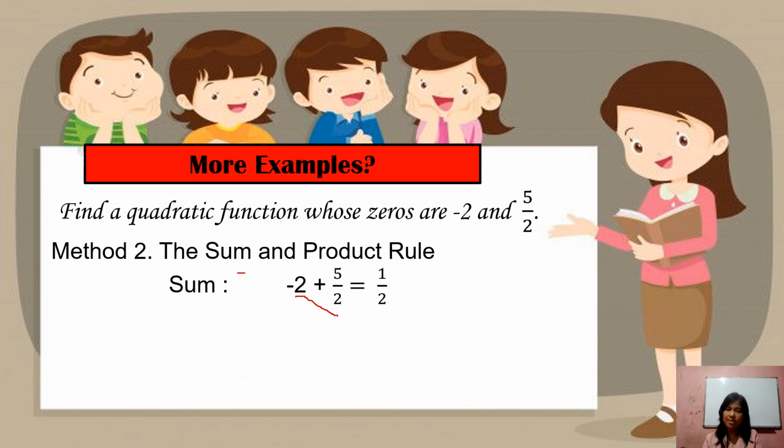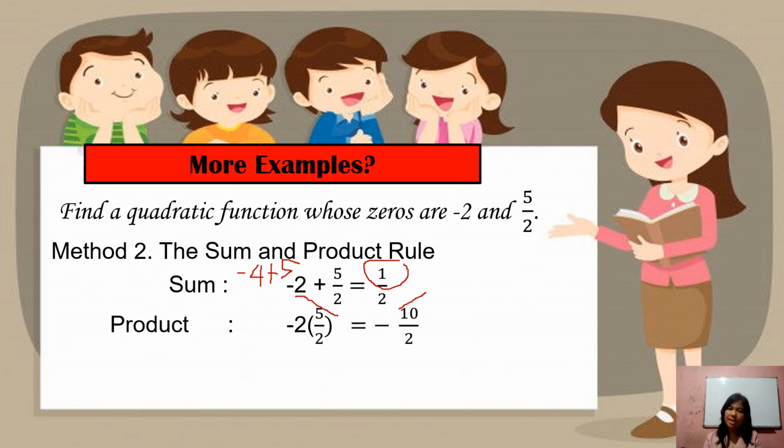So, negative 4. Tapos, i-add mo siya dito sa positive 5. Okay, so, of course, negative 4 plus 5 is positive 1. Tapos, copy the denominator. Yun lang.